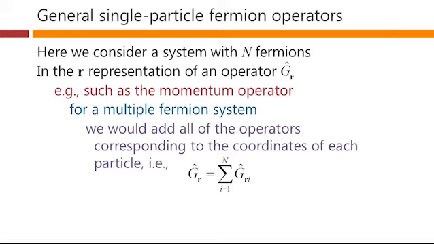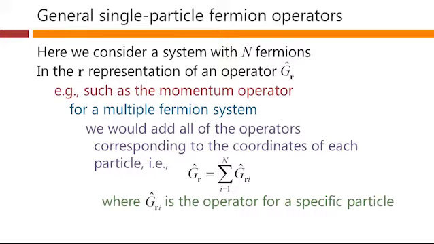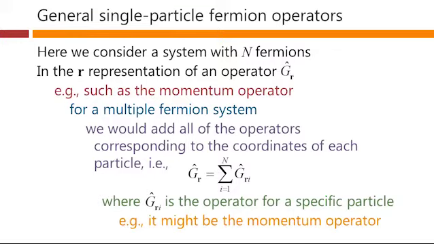They're single particle operators because they're only concerned with one particle at a time. As I said, this G with a subscript r_i is the operator for a specific particle. It might, for example, be the momentum operator. That's a good example of a single particle operator. The momentum operator only operates on one set of coordinates at a time.